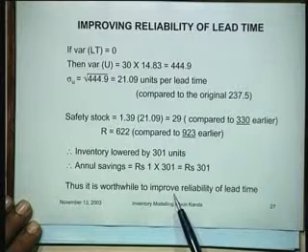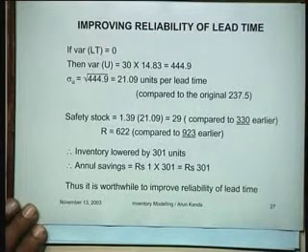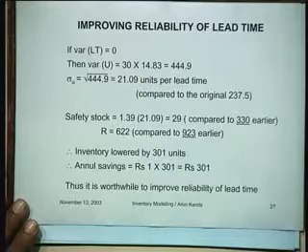Thus it is worthwhile to improve the reliability of the lead time. That's what this example shows: if you were uncertain about lead time, you have to keep a higher reorder point. If you are more sure about the lead time, you can cut down the reorder level and thereby reduce costs. In quantitative terms, you get this estimate.